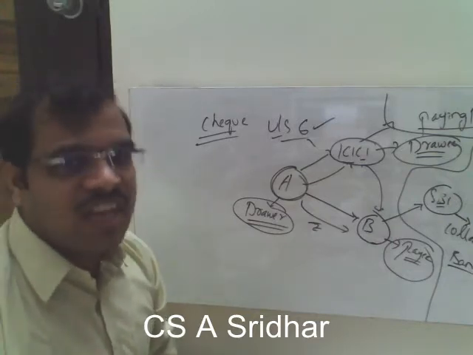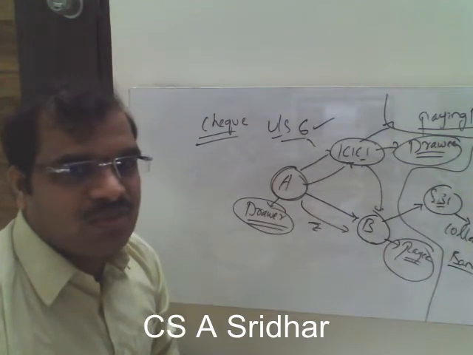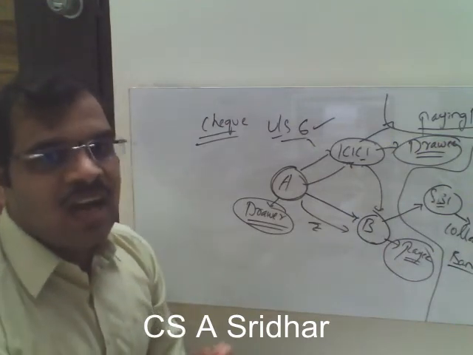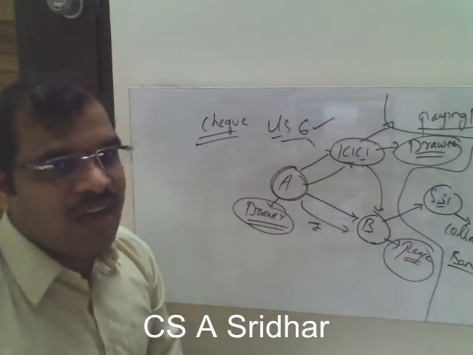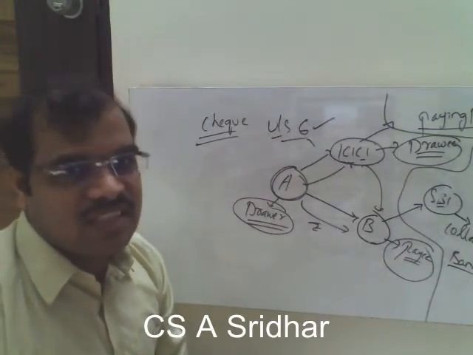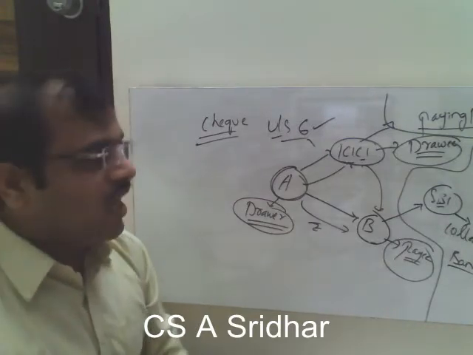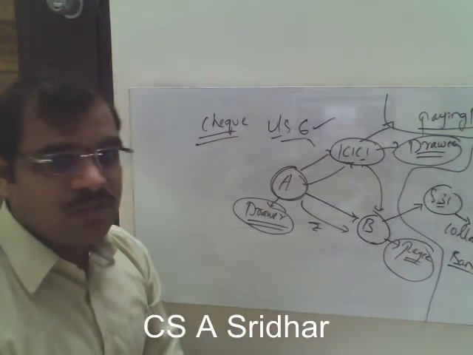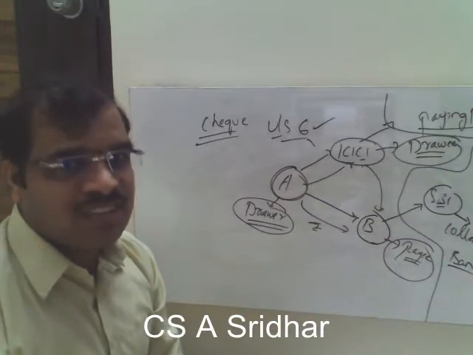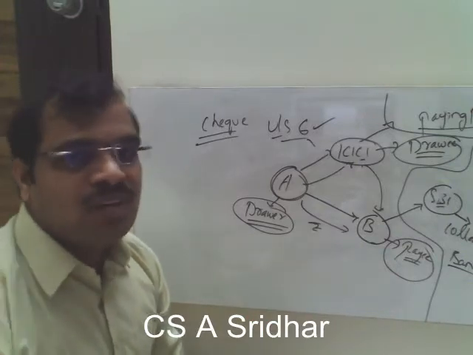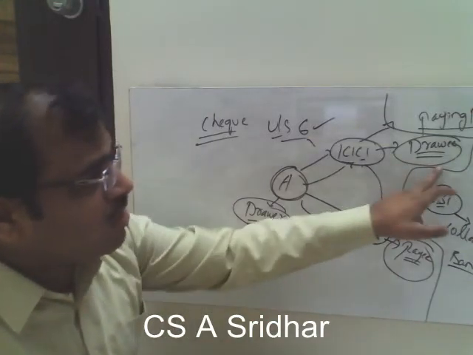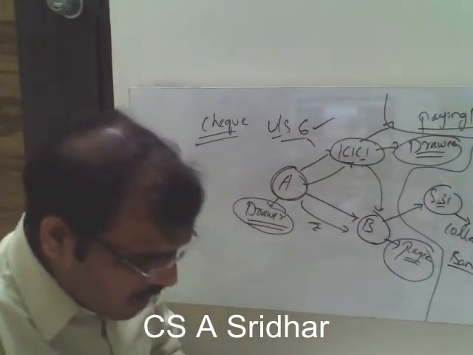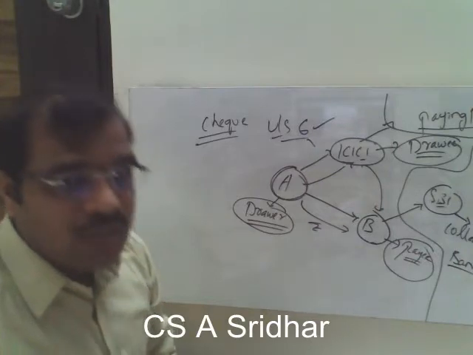Suppose I cannot give a check that is valid, suppose if I am having account with ICICI Bank as well as Axis Bank, I cannot have a single checklist which is valid for both Axis Bank as well as ICICI Bank. That is not possible. Either that shall be valid for only Axis Bank, that means the checkbook belongs to only Axis Bank, or the checkbook belongs to ICICI Bank. So the drawee must be a specified banker, drawn on a specified banker, payable on demand.